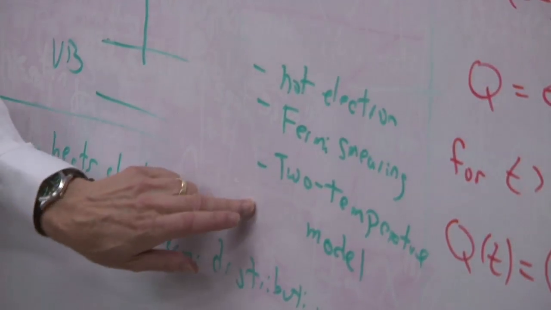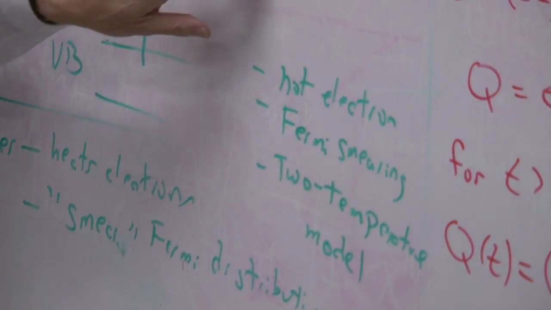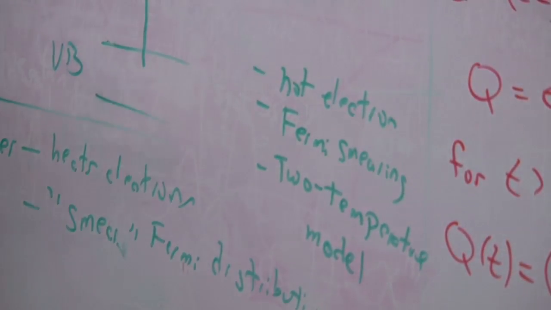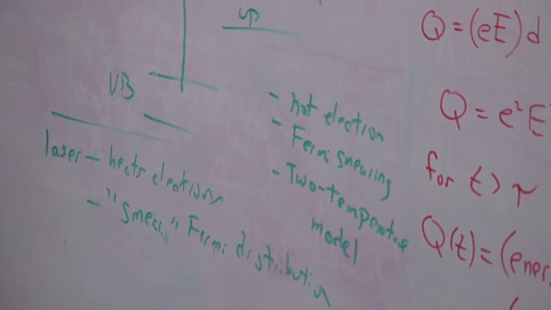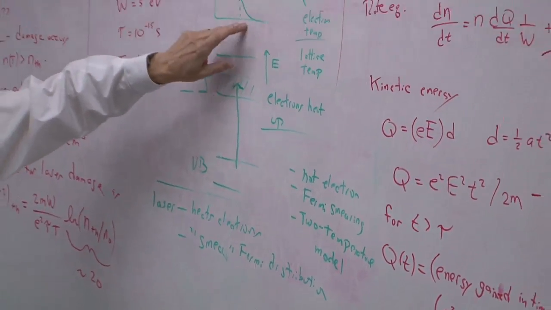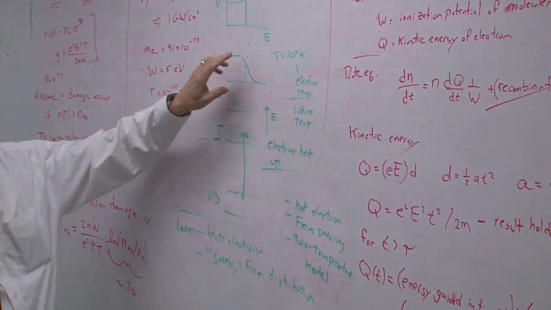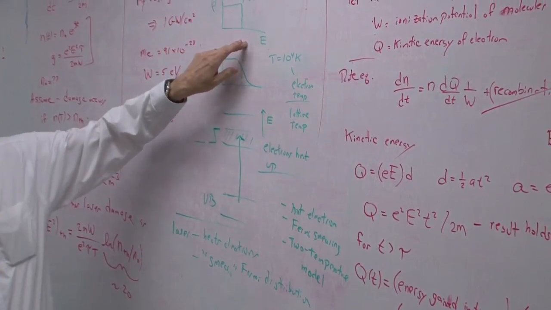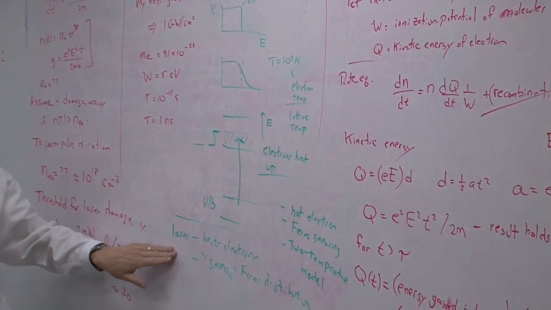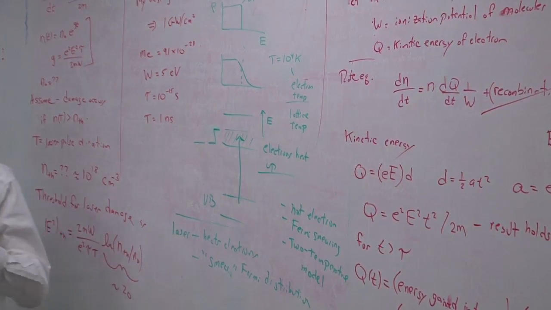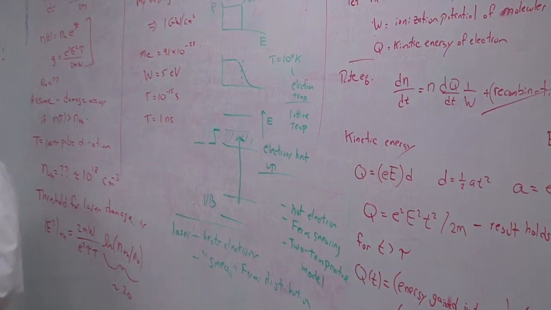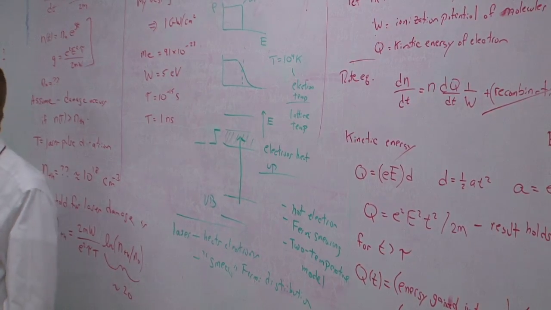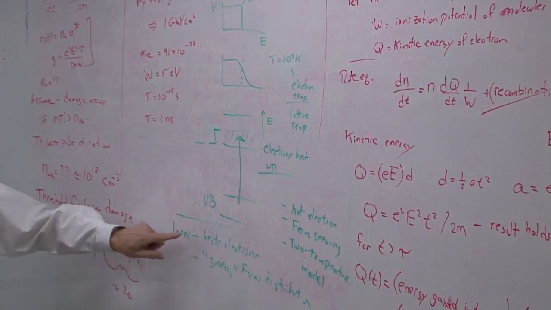It's called the two-temperature model because the electron temperature is different from the lattice temperature. And there are different time scales associated with the electron temperature equilibrating with the lattice temperature. It's called the Fermi smearing model because of this, and it's called the hot electron model because that's what leads to Fermi smearing. Okay, so this is about as far different from nonlinear optics as the two-level atom that we treated. This is a very complicated model, but it's a huge, huge nonlinearity. The laser hits the electron.